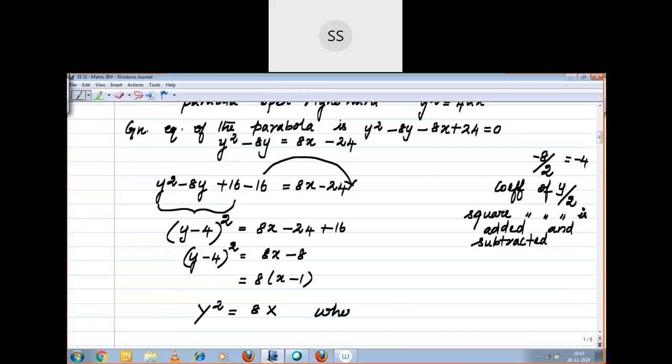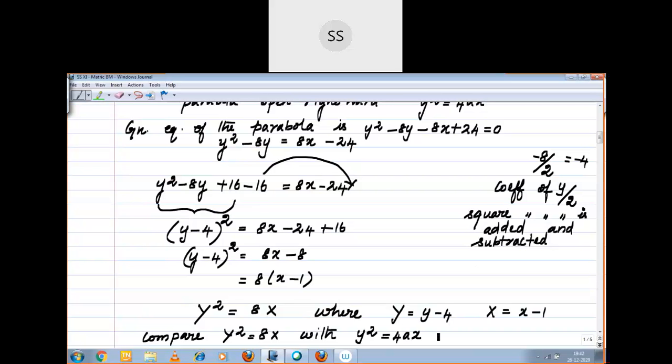Y square equal to 8 into x, where capital Y equal to y minus 4, capital X equal to x minus 1. Compare y square equal to 8x with, what is our general format?